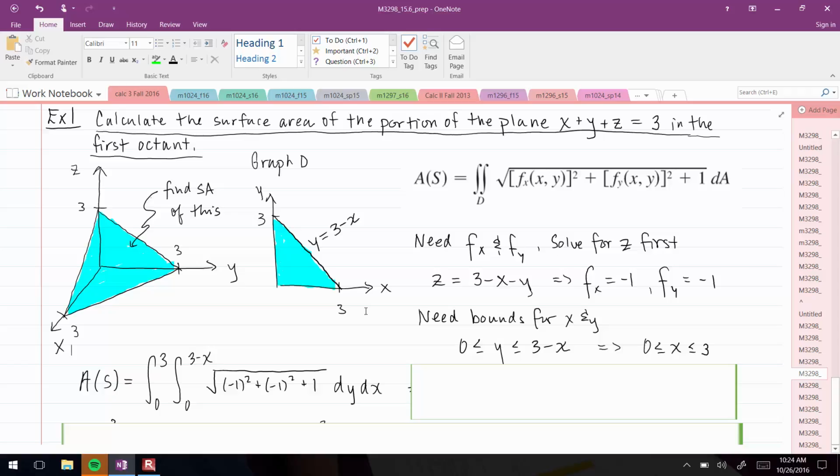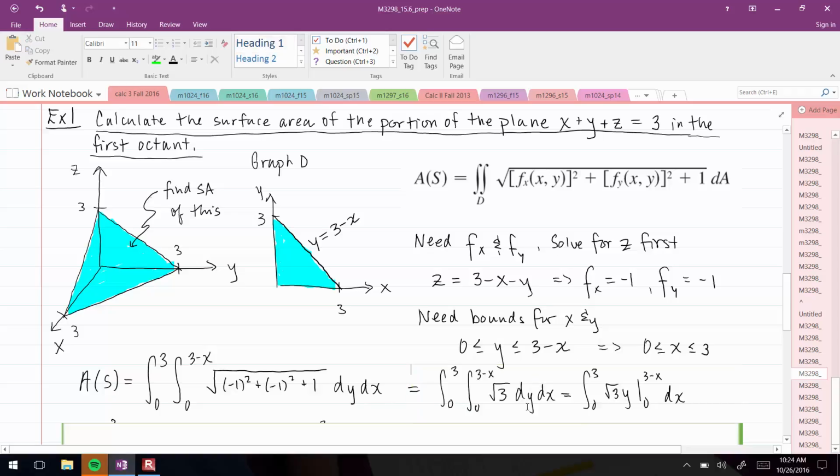Kind of similar to Calc 1, in that once you get that integral set up, then it's just do the integral, right? Fortunately, this is an easy integral. It ends up just being the square root of 3. By the way, can I just switch the limits of integration and have the integration with respect to y go on the outside? No, you can't do that.